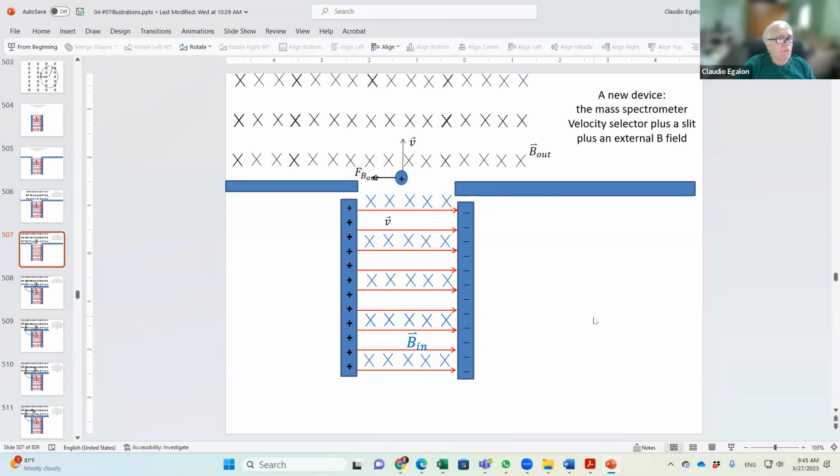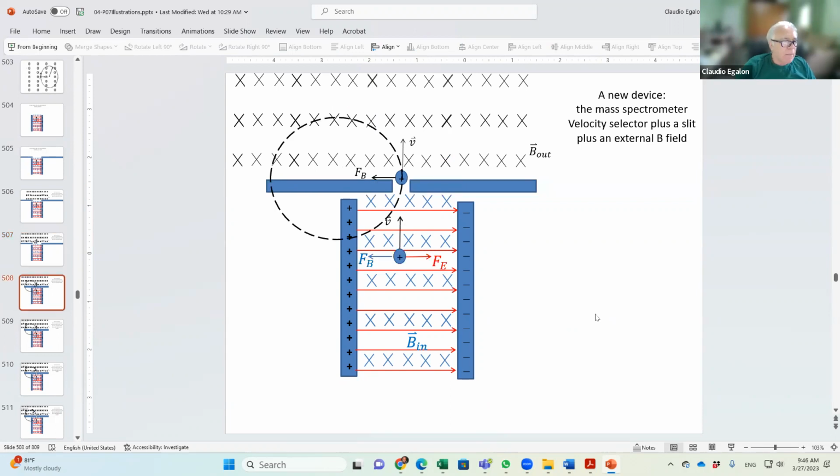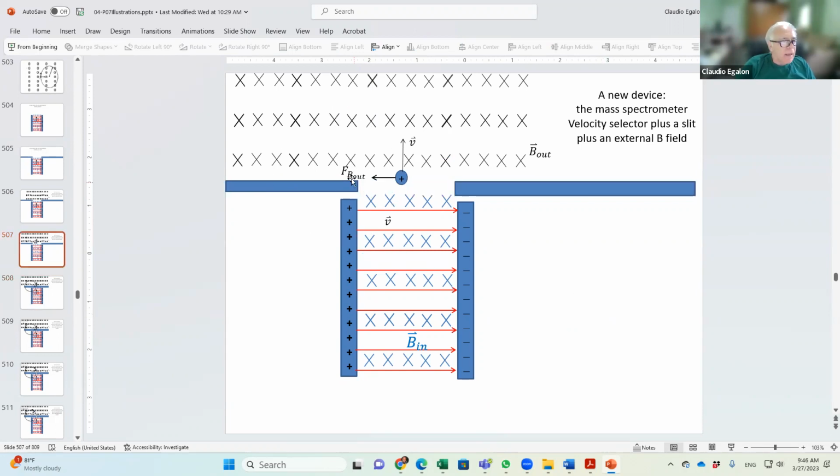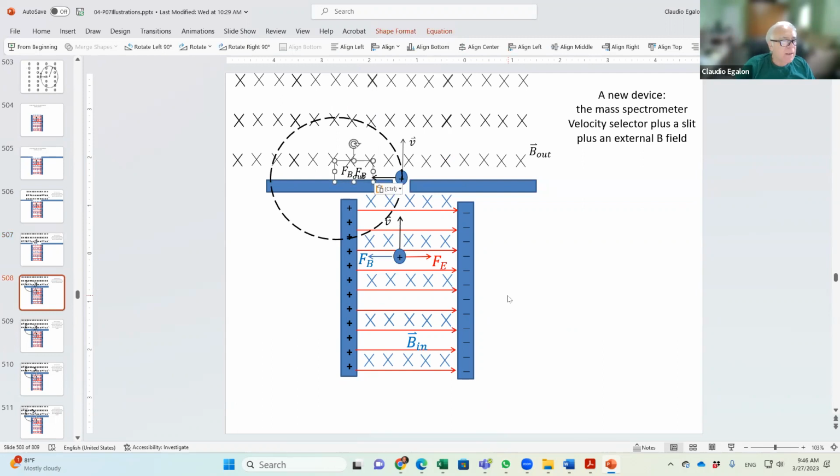It's B out. The magnetic force of the outside magnetic field. We are almost at the point that we need to take a break.